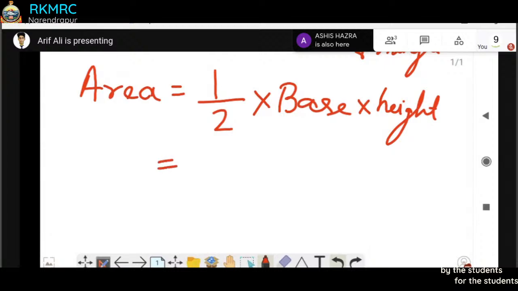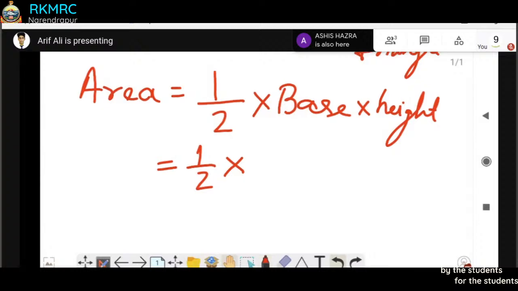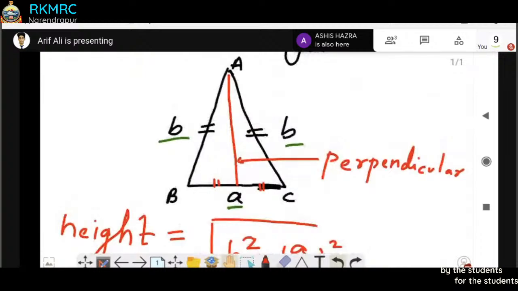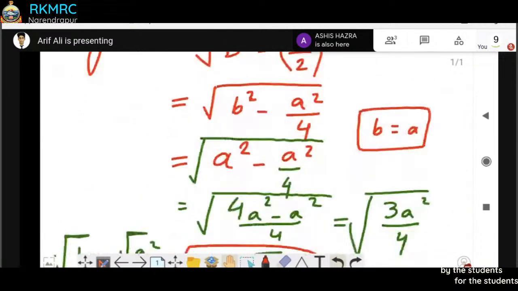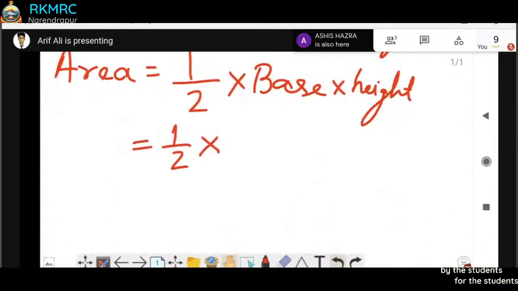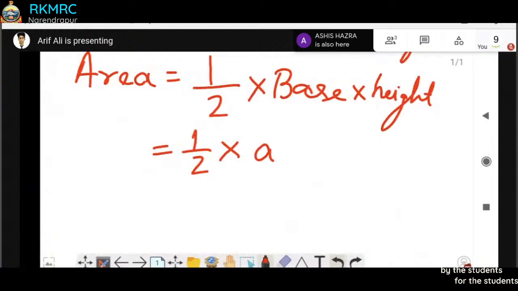So your base of isosceles triangle is a, into, what is your height?